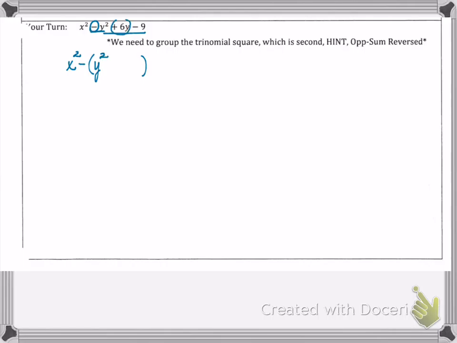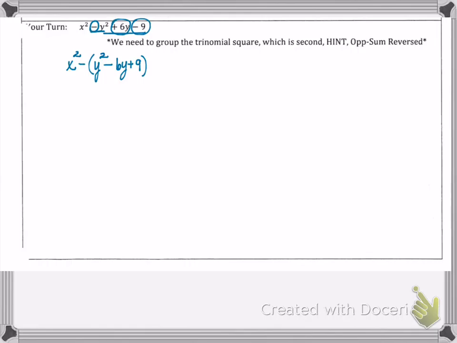Pull out a negative from positive 6y, that's minus 6y. And pull out a negative from negative 9, that's going to give me a positive 9. So I'm doing an opposite of each of those 3 terms after the subtraction sign, which is the reason this whole mess happened. Whenever the perfect square trinomial is following the subtraction sign, then you've unfortunately got to do this extra step.